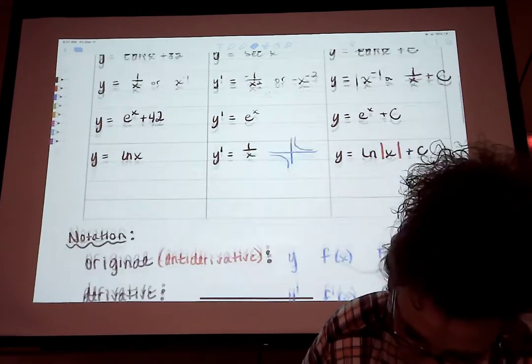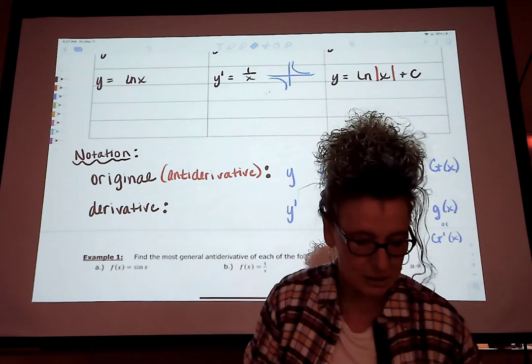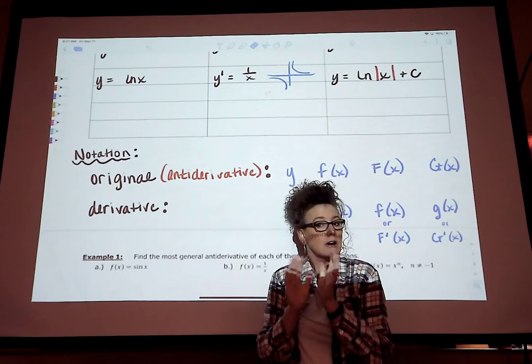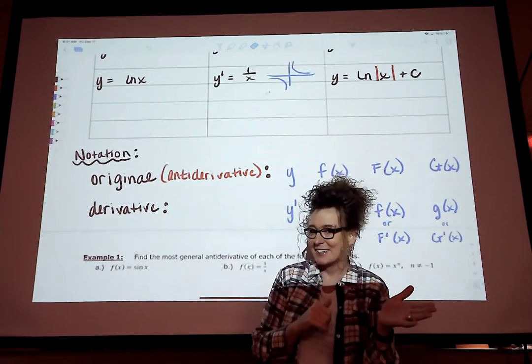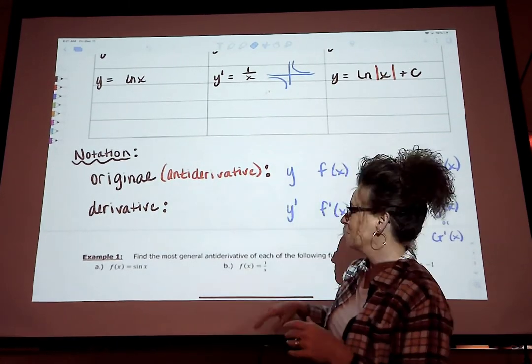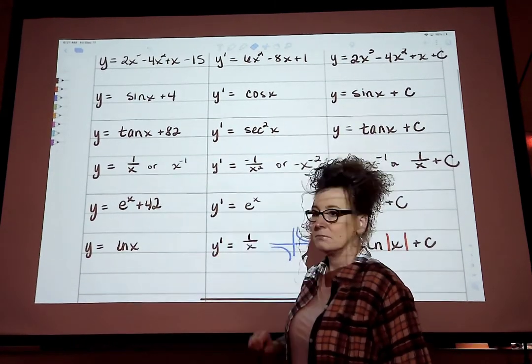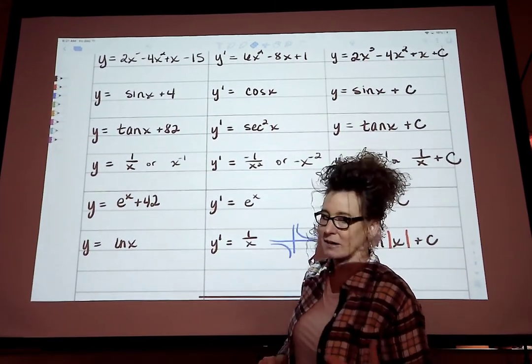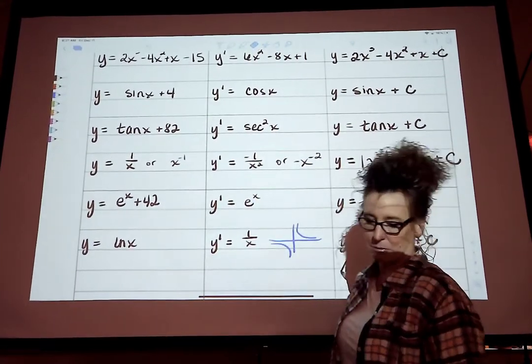Alrighty, now real quick, let's talk about notation because now, second semester, you're not just doing antiderivatives. You're still doing derivatives. So sometimes you'll have to do this type of problem. Many times you'll have to do from here to here, this type of problem.